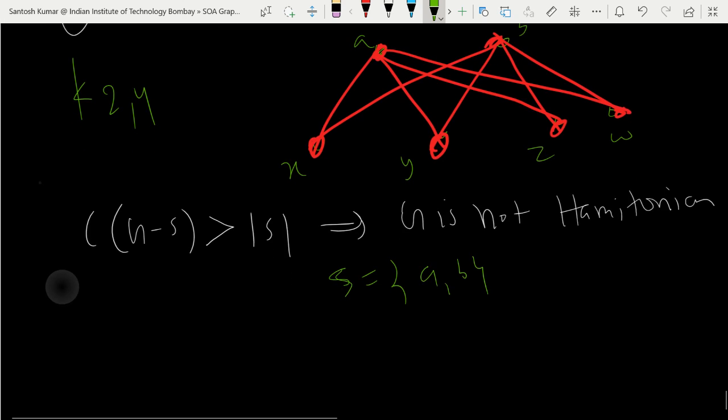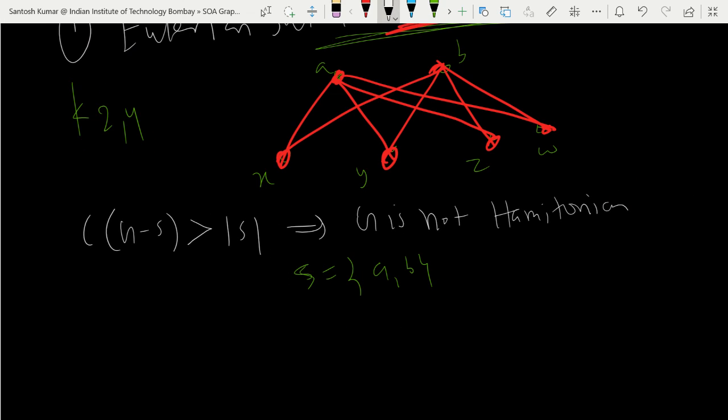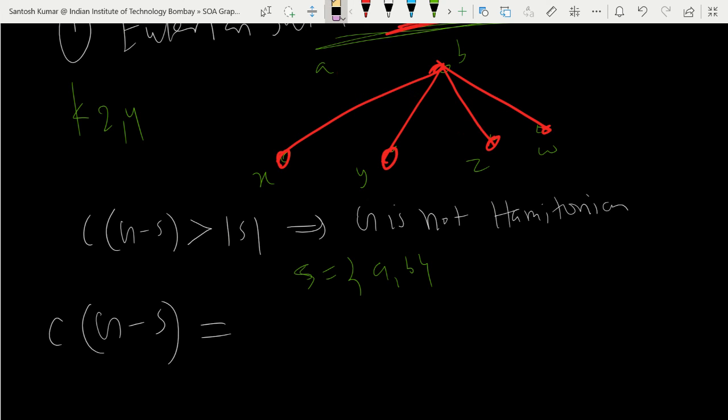Okay. So tell me, what can you say about G minus S? How many components does it have? You remove A, you remove B. So how many components do you have? 4.